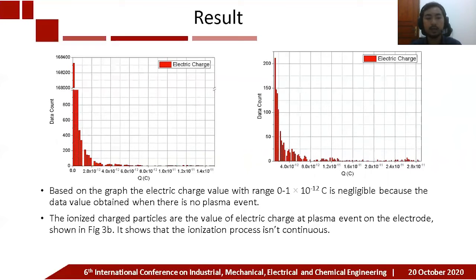And then the ionized charge particles are the value of electric charge at the plasma event on the electrode. It's shown in figure 3b, on the right side, which shows that the ionization process is continuous.